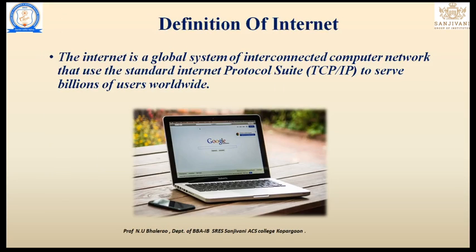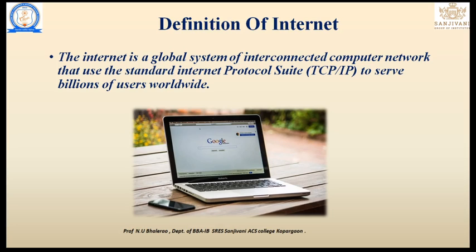So, by understanding the definition, the internet is a global system of interconnected computer networks that use the standard internet protocol suite, that is TCP/IP, Transfer Control Protocol and Internet Protocol, to serve billions of users worldwide.